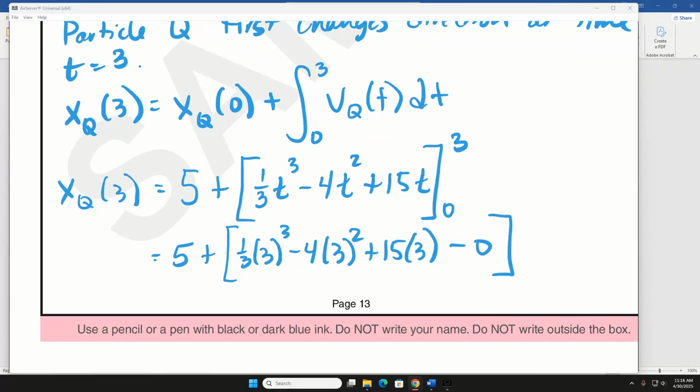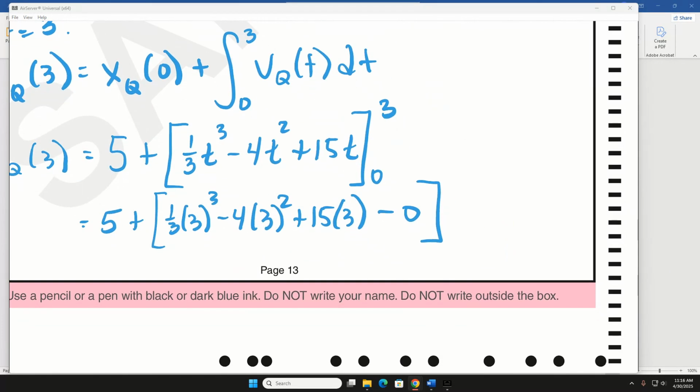I also think it's good if you do, so you show them that you didn't forget that you were supposed to subtract that. All right. And then if you have time, you can say that this is the position of particle Q the first time it changes direction.